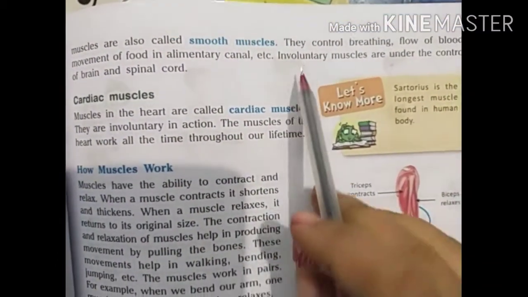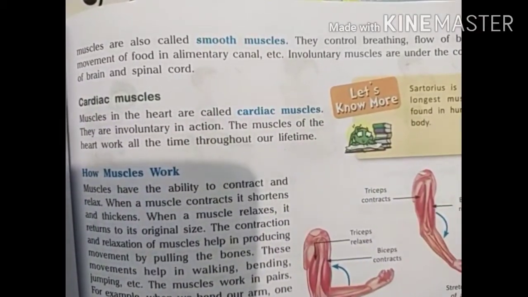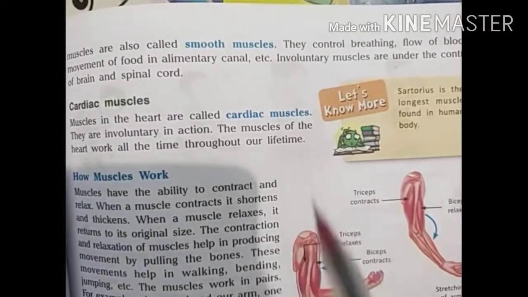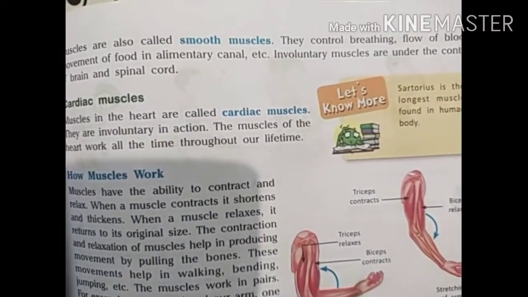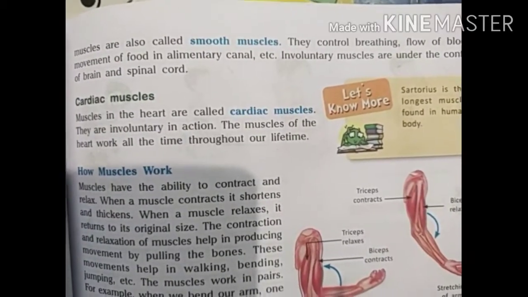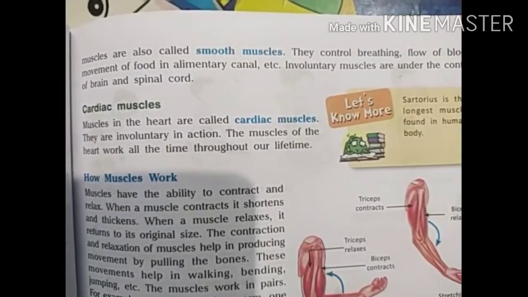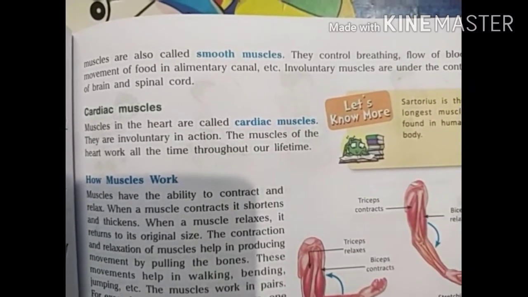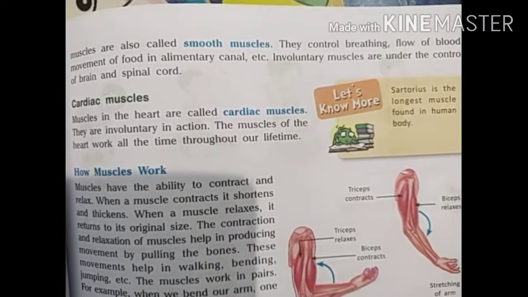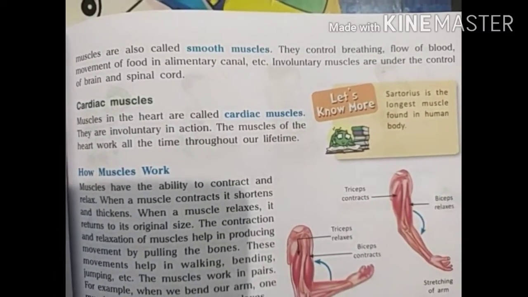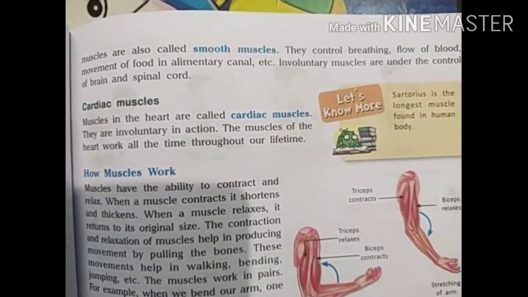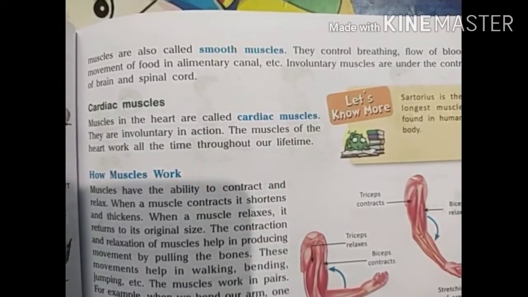Remember, the involuntary muscles are found in those parts of the body which are continuously doing work for our life, like the lungs and the digestive tract. Nobody tells the stomach to digest the food. They perform their work automatically, by their own.